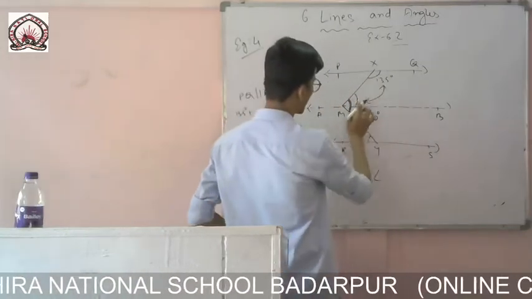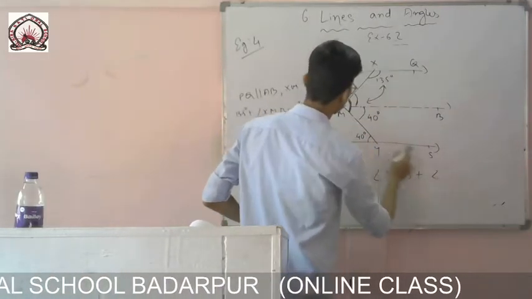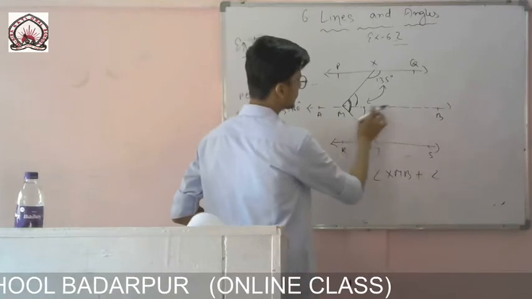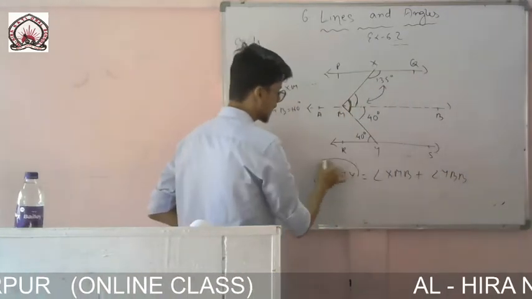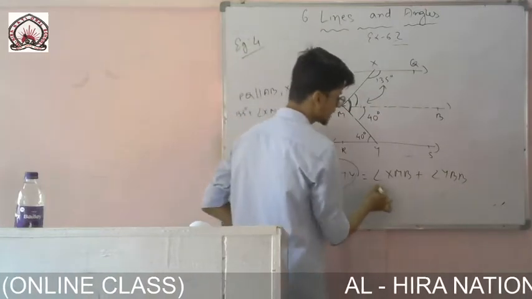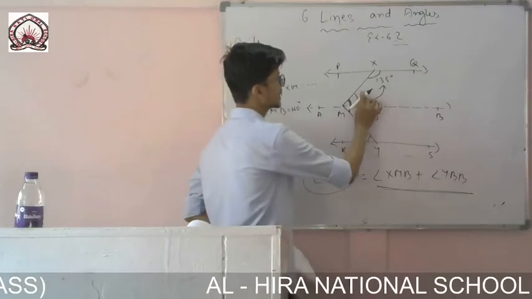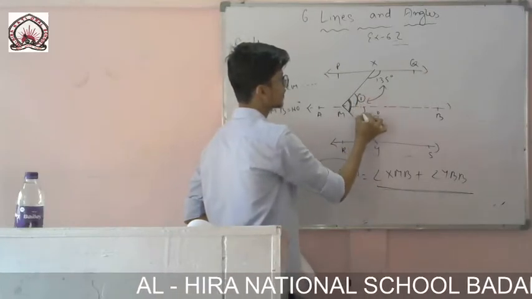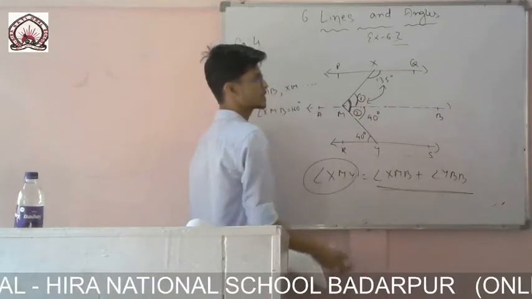If I find XMB plus angle YMB. If I name them angle 1 and angle 2, then angle 1 plus angle 2 will be equal to this whole angle.